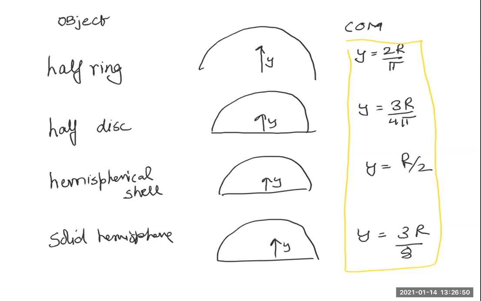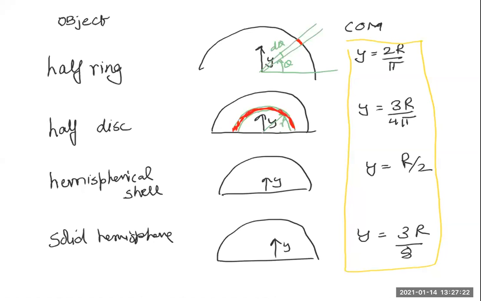For this one, at an angle of theta, d theta, right? This was the element. The element was a point particle. For a half disk at a radius of r, we had a half ring as the element.